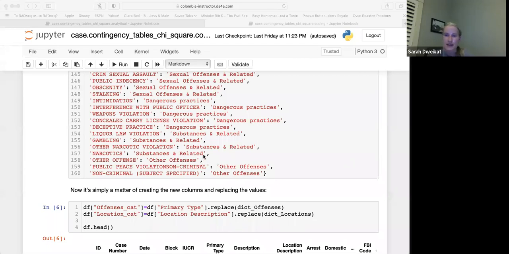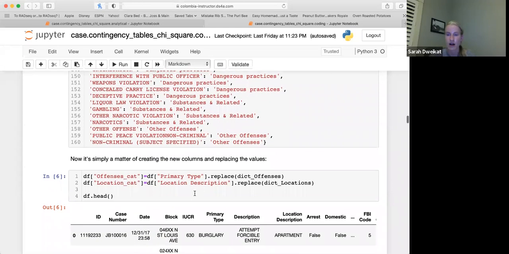The next thing that we're going to do is create a new column in our data set, because now we want to put all of these into their new categories. But we don't want to alter our original data set. We just want to add on a new category that has these new wider categories in it.